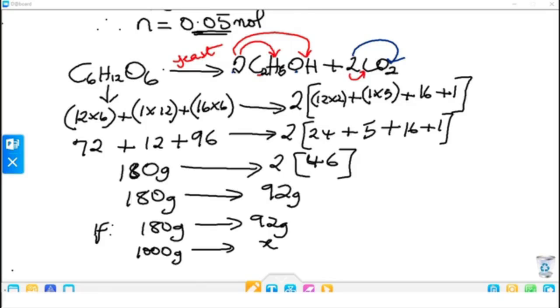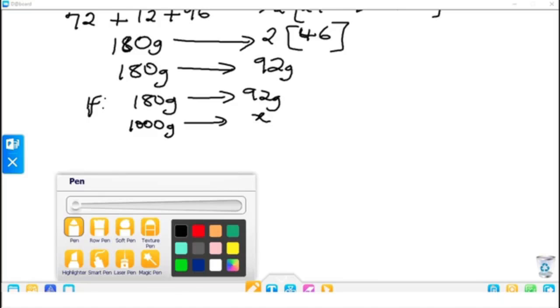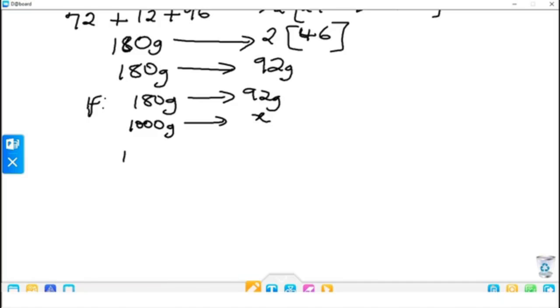So if 180 gives us 92 grams of ethanol, then 1000 grams of glucose will give what? X. We don't know, so let's cross multiply. Cross multiplying now, we have 180 times X is equal to 92 times 1000. So 180X is equal to 92,000.